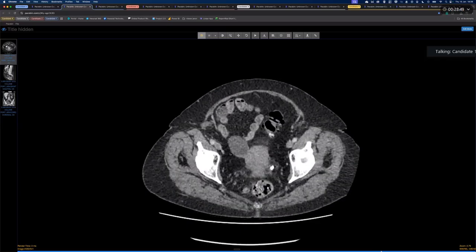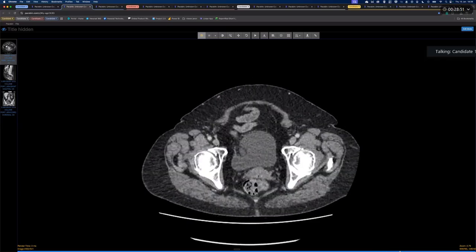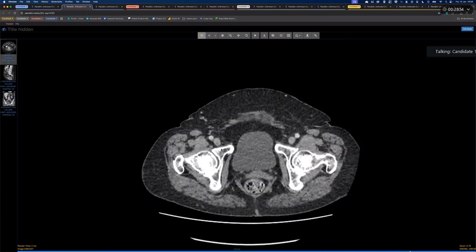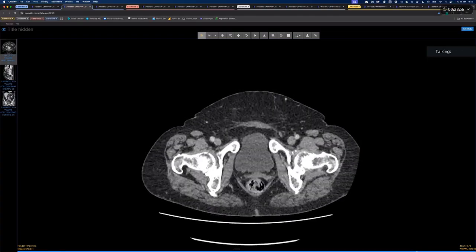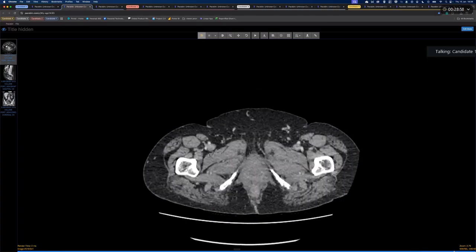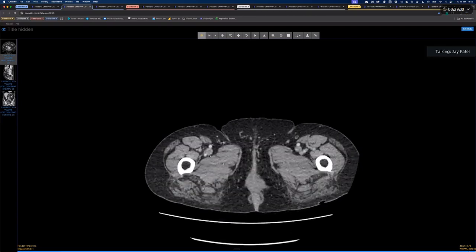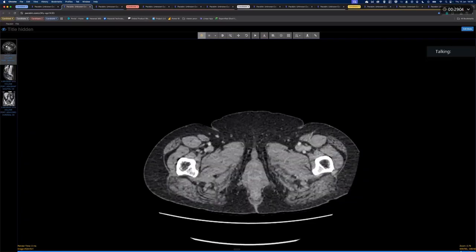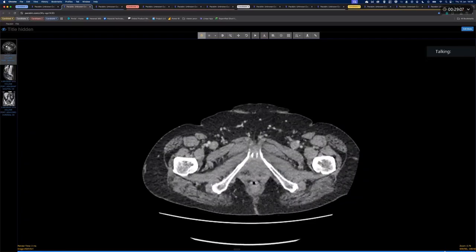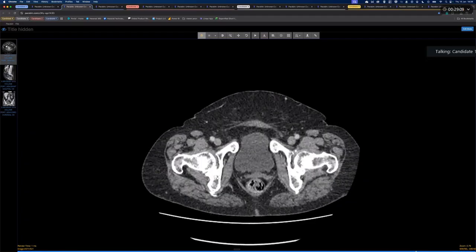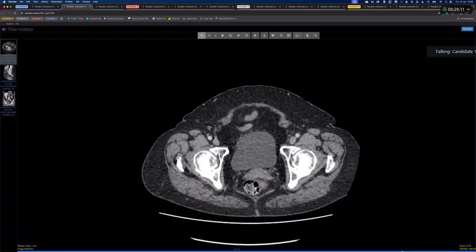I would like to follow the common femoral vein, which is not showing a filling defect. There is no hernia, and the muscles and the fat planes on the right side appear unremarkable.